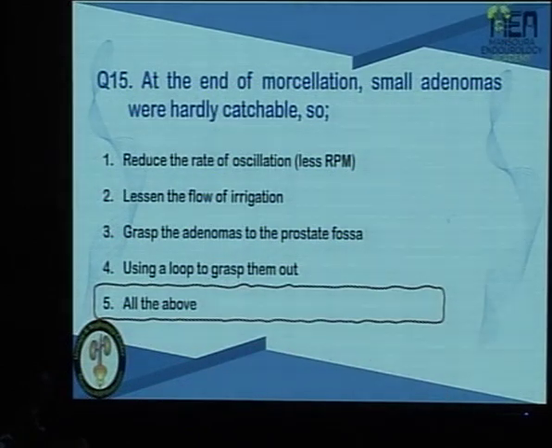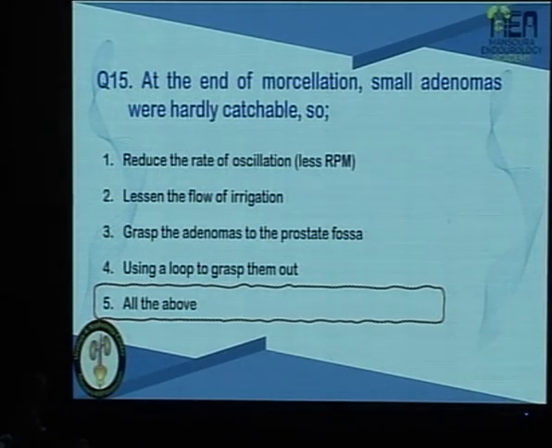You should reduce the rate in order to reduce the retropulsion of the adenoma, and in the same manner, lessen the flow of irrigation. You can grasp the adenoma to the prostatic fossa in order to decrease the cavity, so the adenoma has no place to escape as long as you are performing the morcellation inside the prostatic fossa.